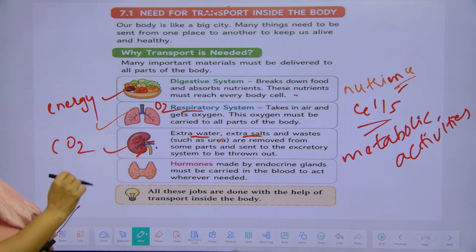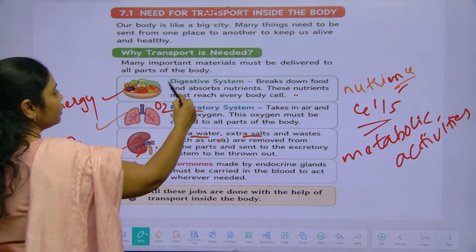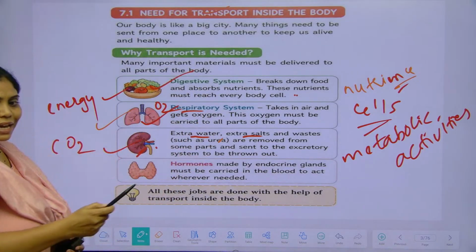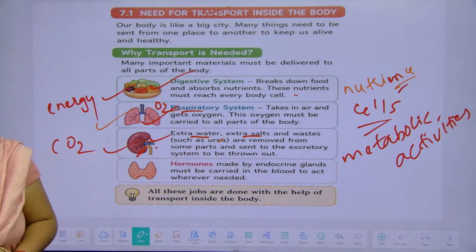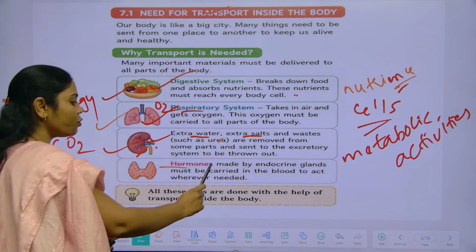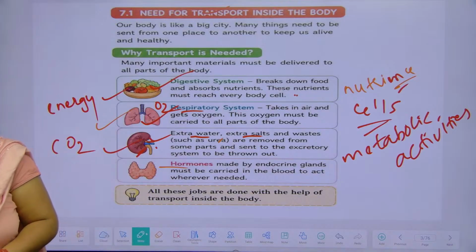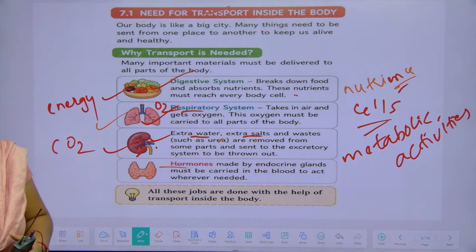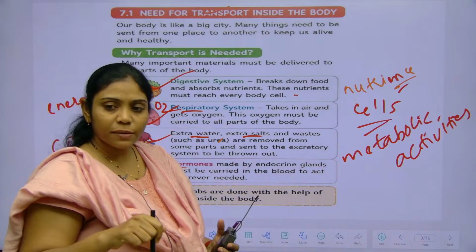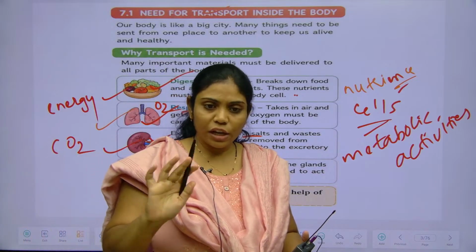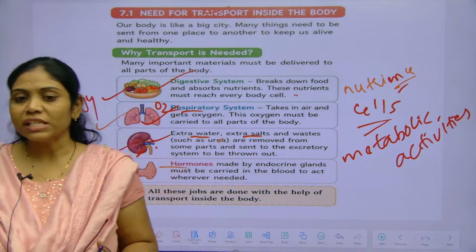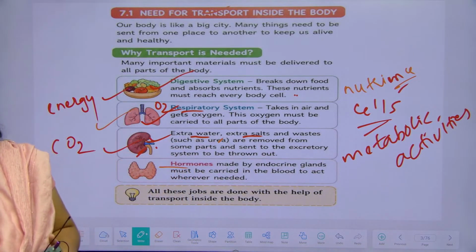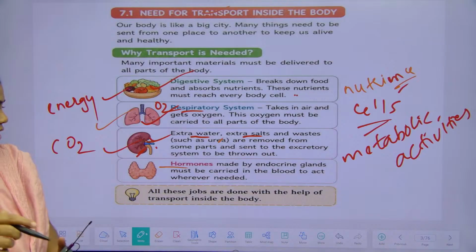So, what I want to conclude here: the nutrients, gases like oxygen and carbon dioxide, waste material, and hormones. Hormones are produced from the endocrine system. Endocrine means ductless; there is no duct actually. Whatever hormone is produced and liberated is immediately sent to where?